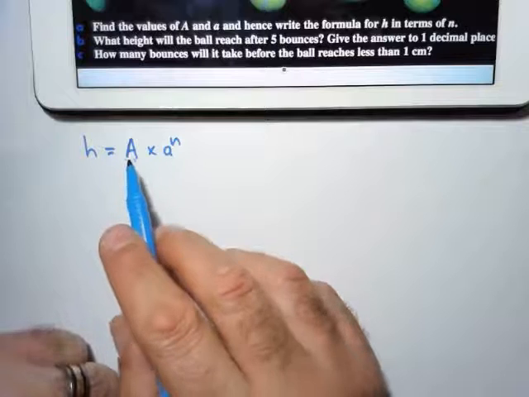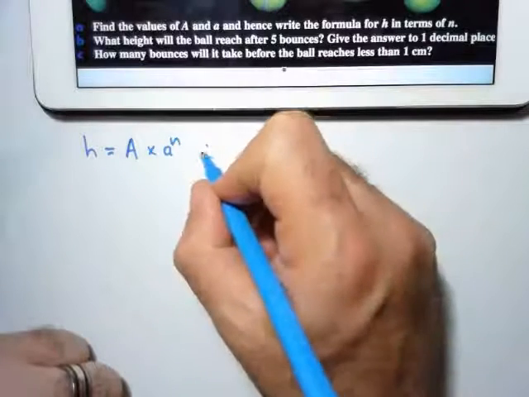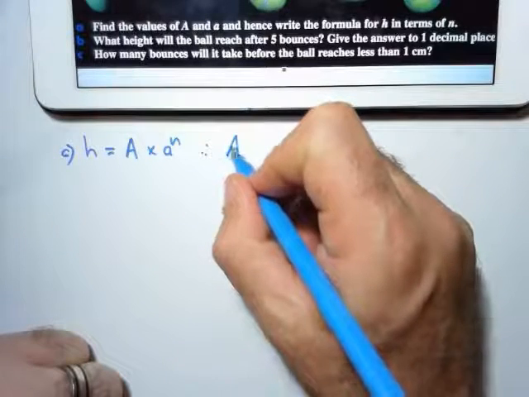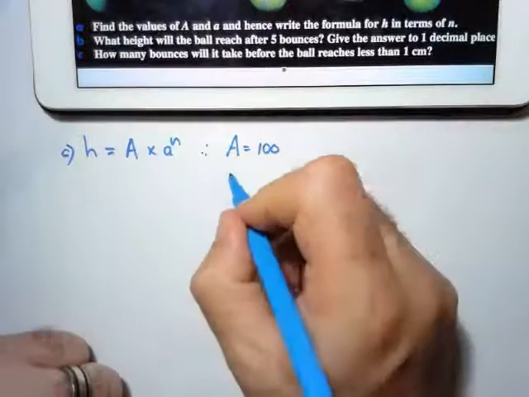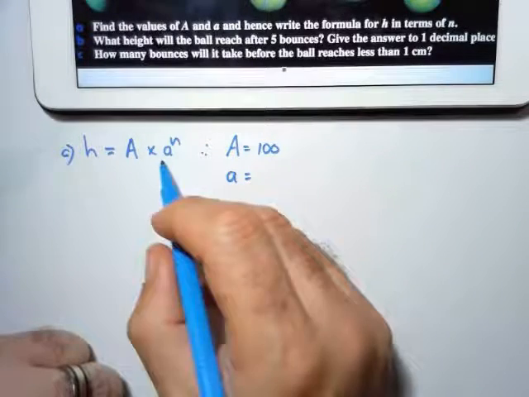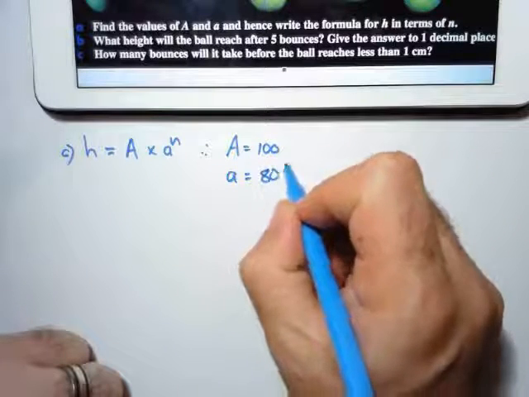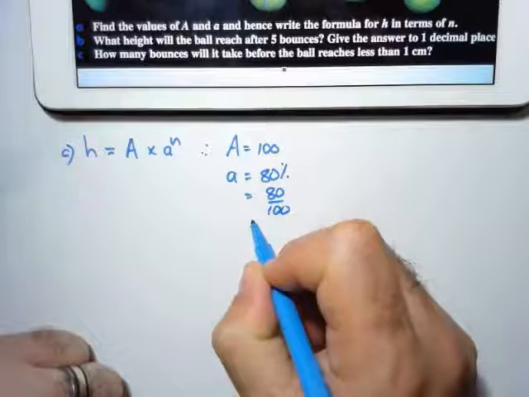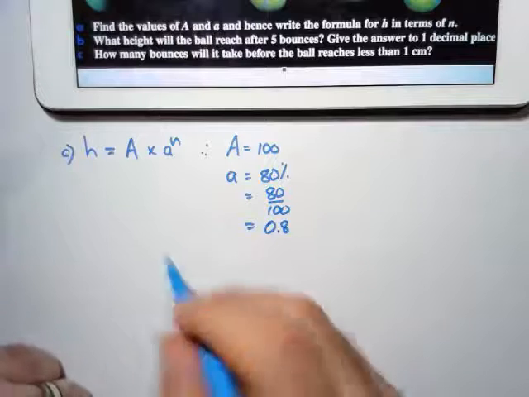Now they said that big A is the starting height, and that's 100 centimeters. Small a is the percentage. Now we never put a percentage there, we always put a decimal. So if I say 80%, 80% means it's 80 out of 100, and that is 0.8 as a ratio.